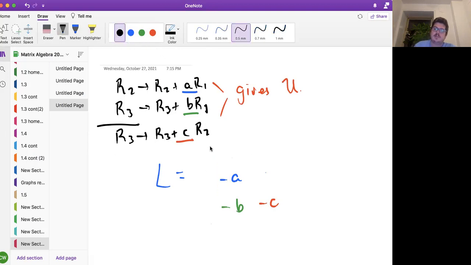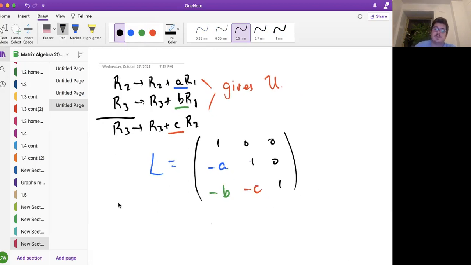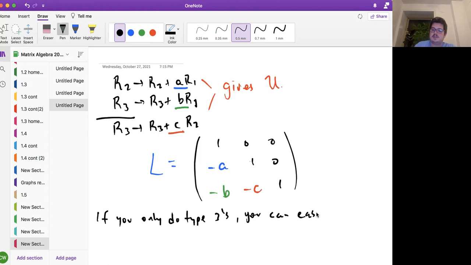So everyone see that? You don't actually have to do all that multiplication out if we're only doing type 3s. If you only do type 3s, you can easily find L. Everyone see that?